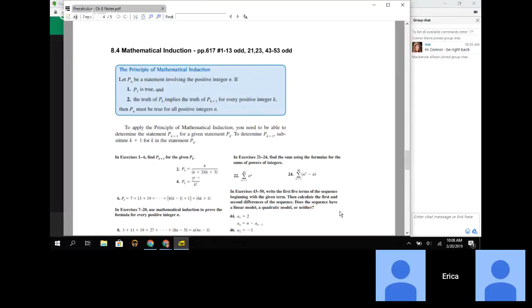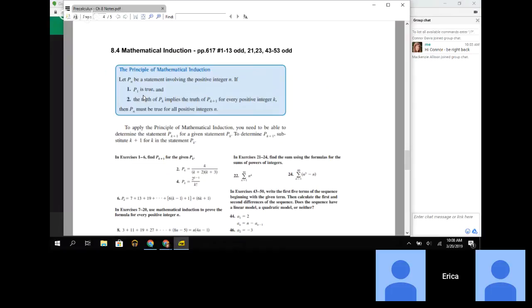Okay. So I'm going to kind of read it to you because I think if you hear it and see it, it helps to determine what it is. So here's the principle of mathematical induction. Okay. So if you have P sub n is some statement involving the positive integer n, okay?